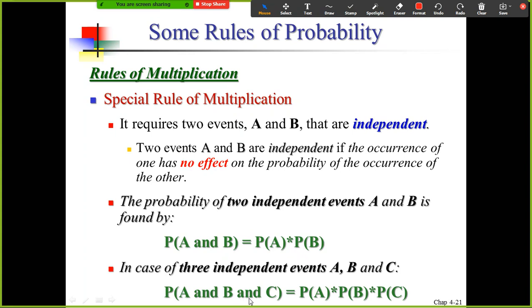And this is for three events. The special rule of multiplication of three independent events is found by this formula.